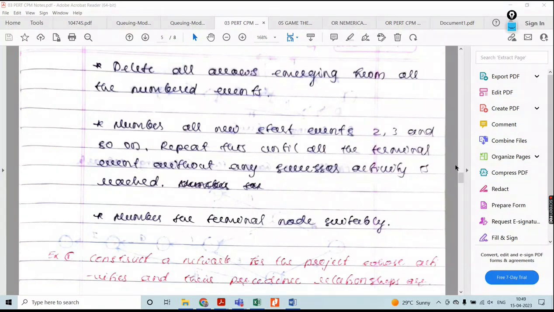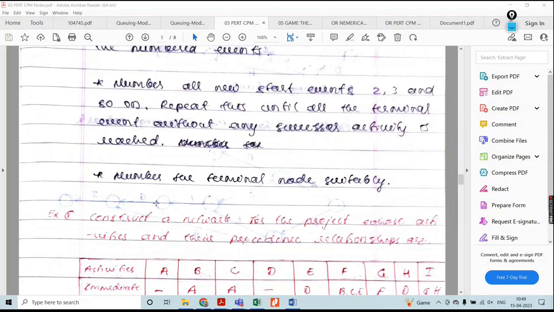Then repeat this until all the terminal events without successor activity are reached. That is how you need to proceed with the numbering until the end is completed. Then number the terminal node suitably and properly. Keep this in mind, this is also mandatory.